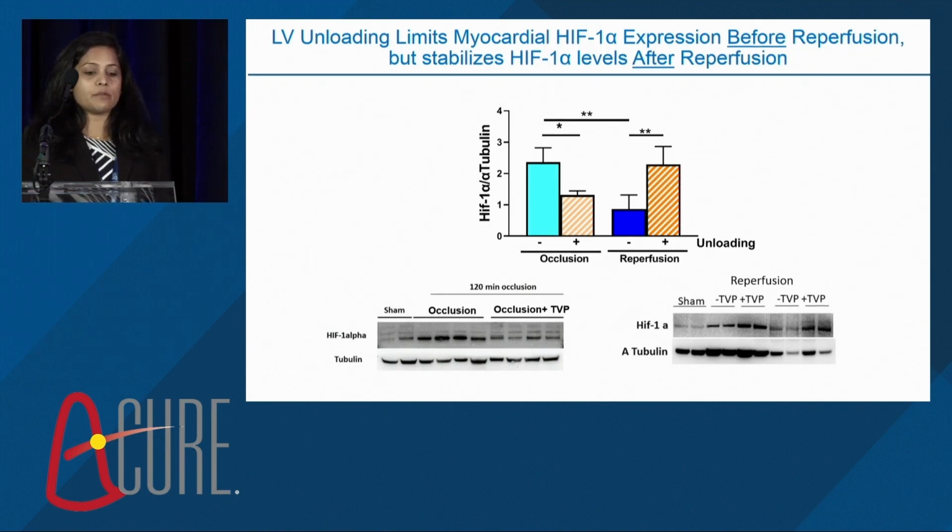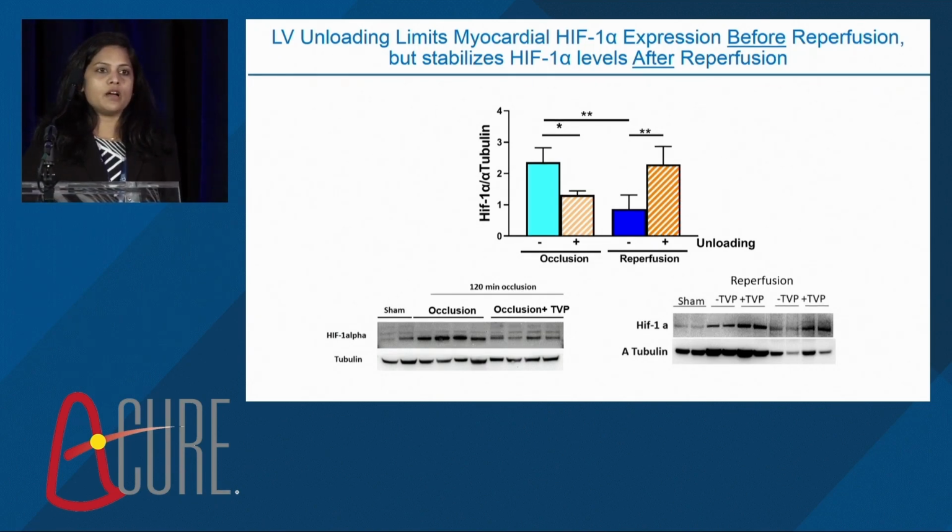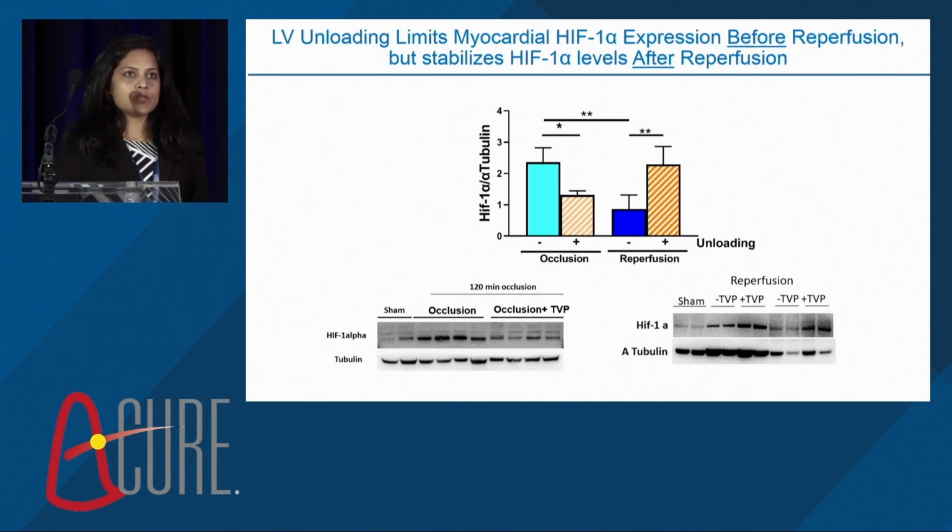Increased HIF1 alpha or stabilization of HIF1 alpha has been shown to increase angiogenesis and reduce post ischemia injury, and also increases myocardial recovery post-reperfusion. So we hypothesize, or we think this HIF stabilization post-reperfusion is beneficial for recovery of the heart.